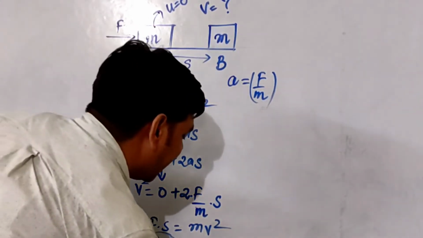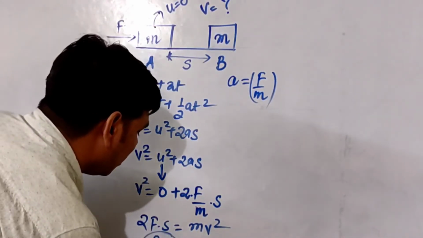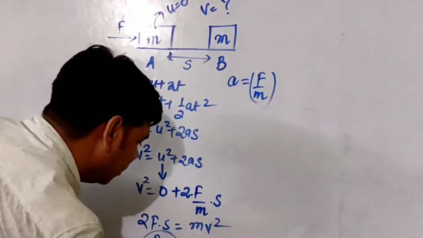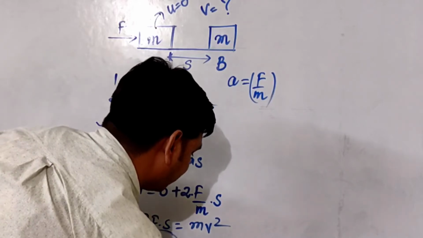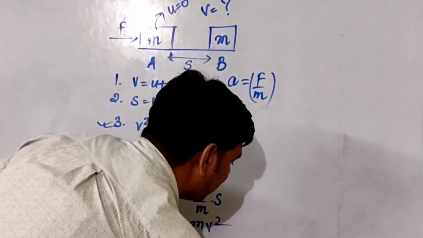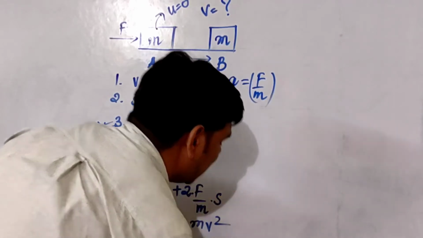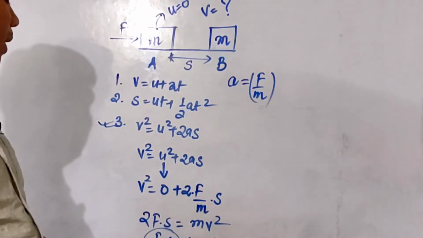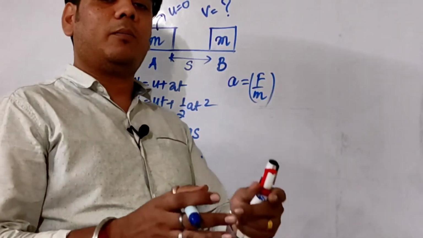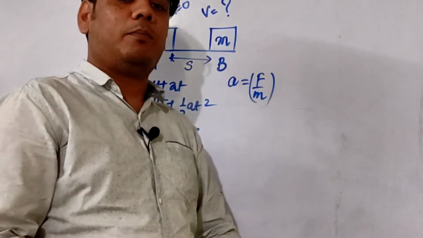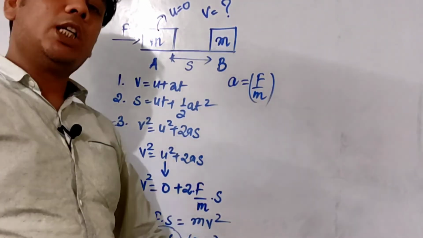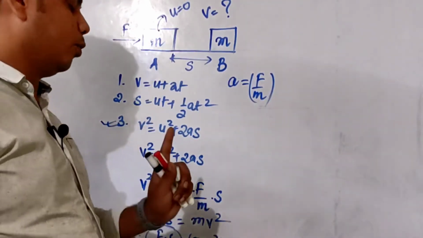The product of force and displacement, as we already know, is the work done on a particle due to the application of any force. If you are applying any force on a body, and if the body changes its position from one point to another point, then the product of force and displacement is known as work done by that force.